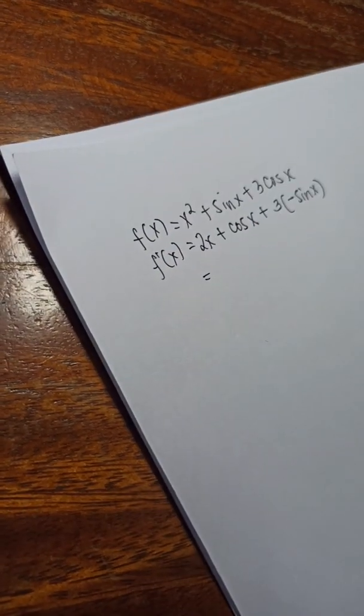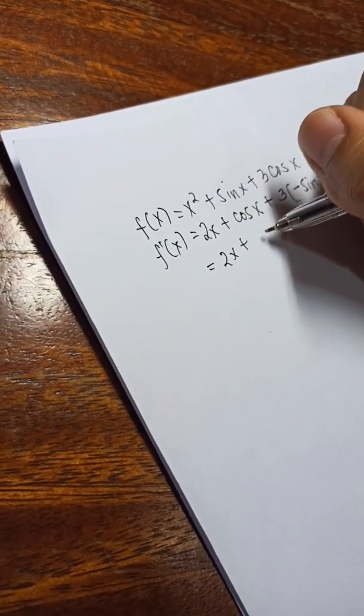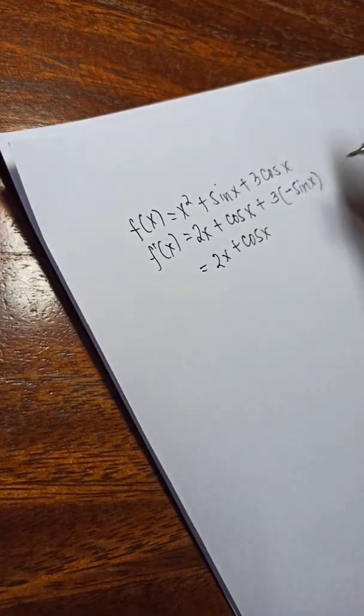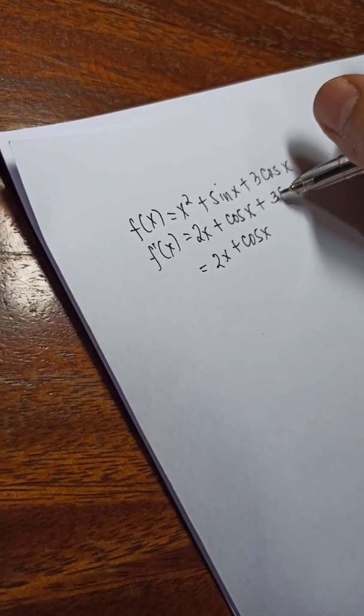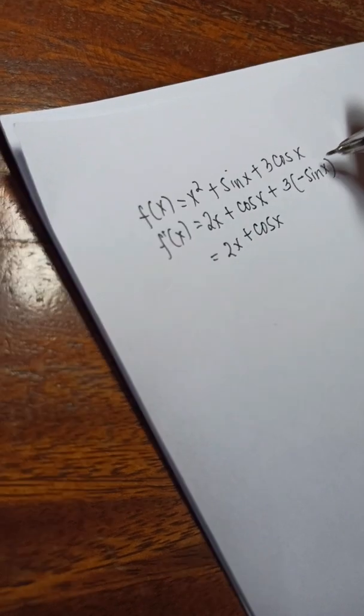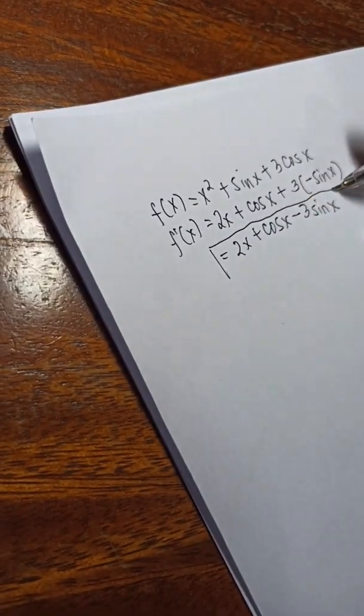This will give us our final answer, which is 2x plus cosine x, plus 3 multiplied by negative sine x would be negative 3 sine x. And this would be our final answer.